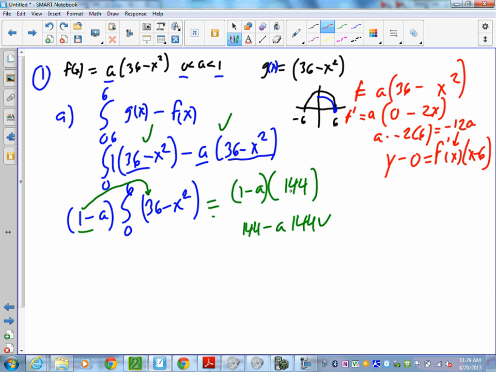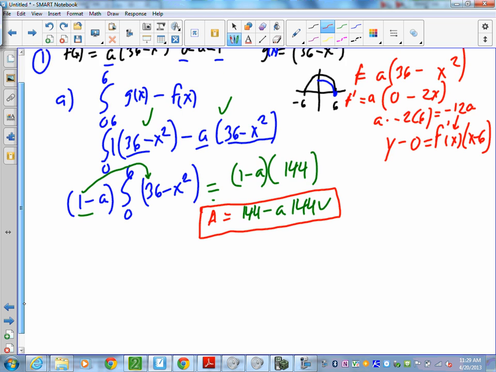We've already found the area. So basically, we're just going to do the same analysis. We're just going to take half of this value. That's what it's asking us to do.